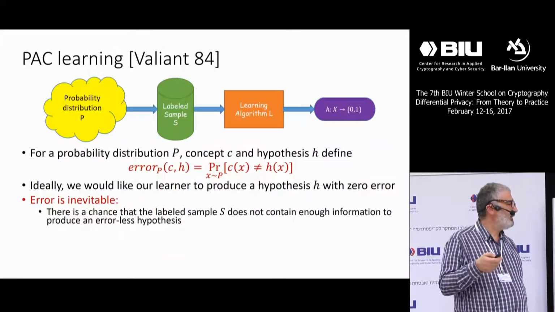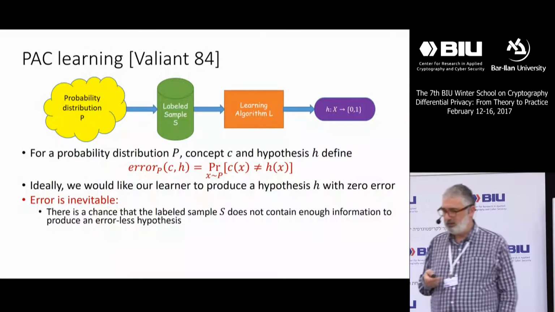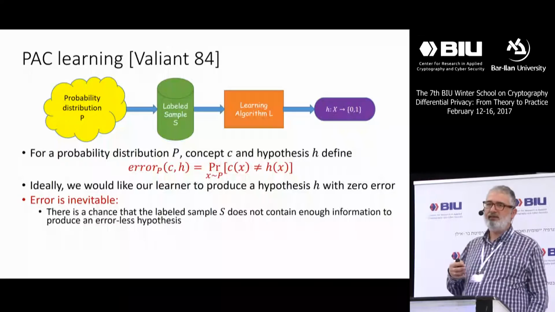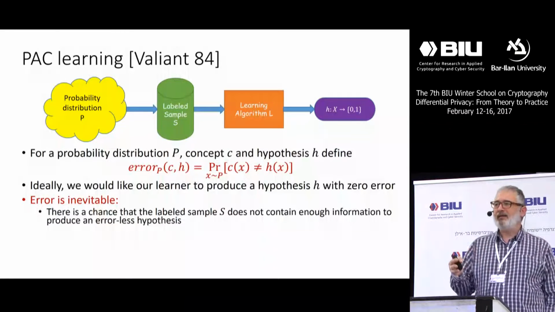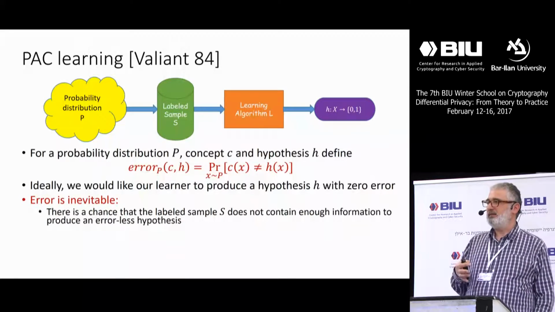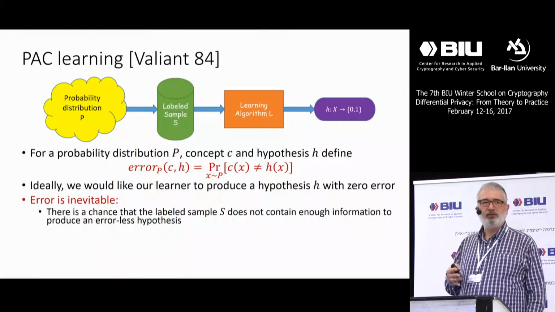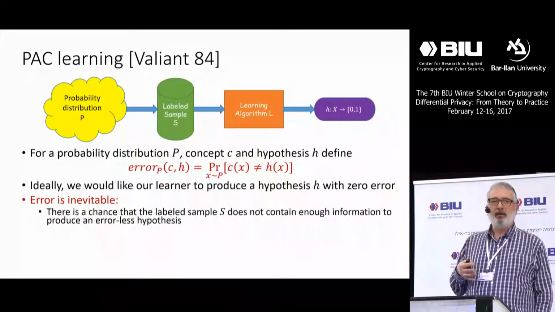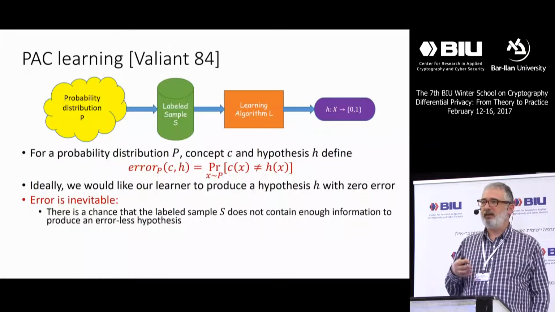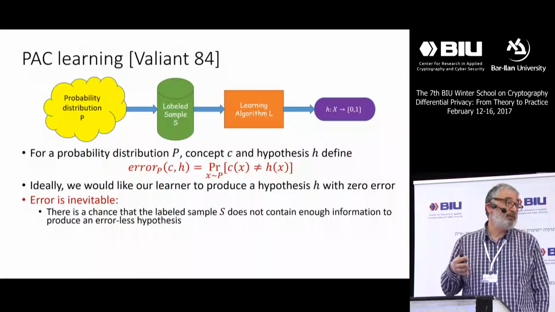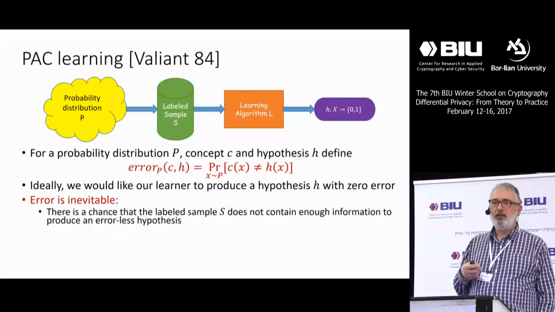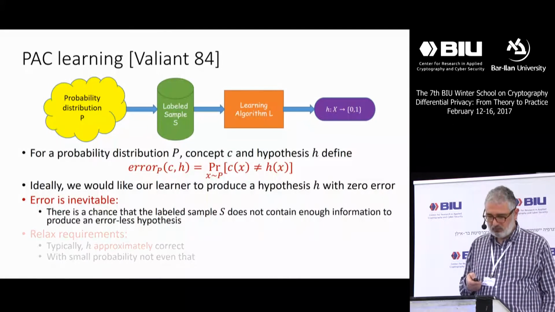Error is something we cannot avoid here, because we're sampling from the probability distribution, and maybe we're unlucky, so our sample is not giving us enough information to find a hypothesis that has zero error, or even a small error. So we'll have to take that into account.